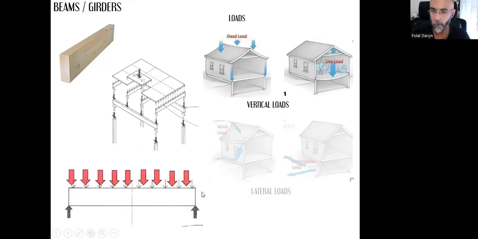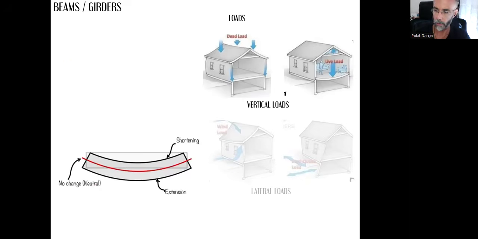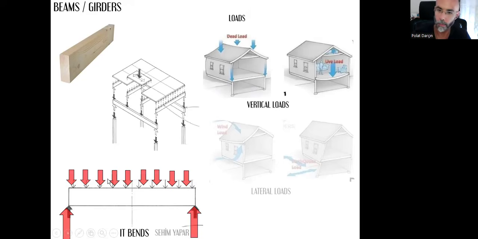And if we keep applying these loads, there will be a certain deformation in the beam. It will start to bend. In Turkish, we call it sehim yapmak. It bends. It will be deformed like that, and this is called sehim yapmak. Eğilmek, sehim yapmak, sehim.